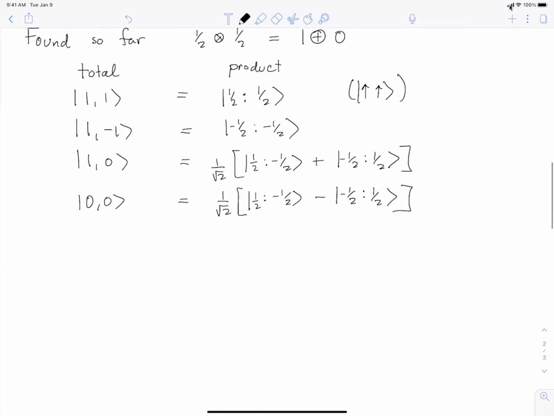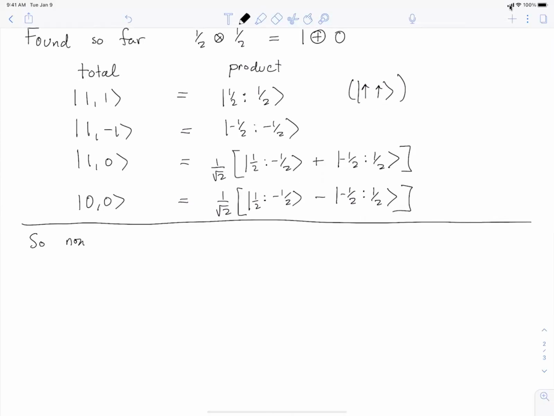Okay, and so now from that table of equalities, we can just pick off the non-zero Clebsch-Gordon coefficients. So any Clebsch-Gordon coefficient that I'm not about to mention is just 0.